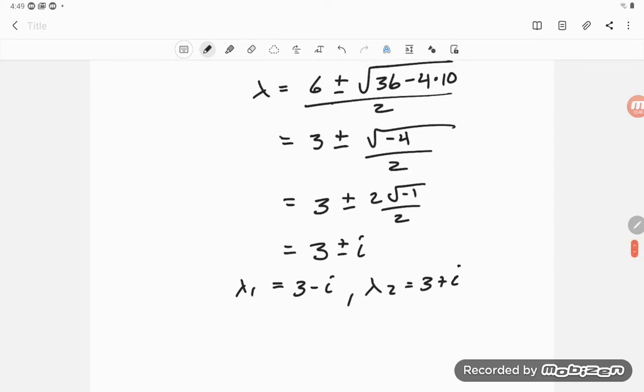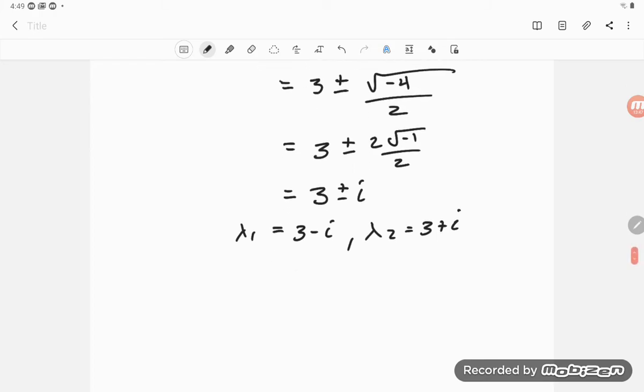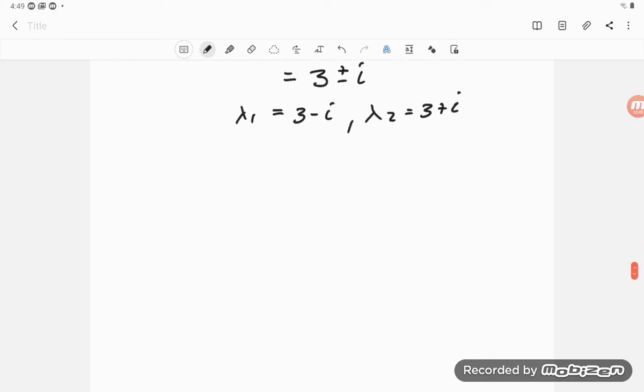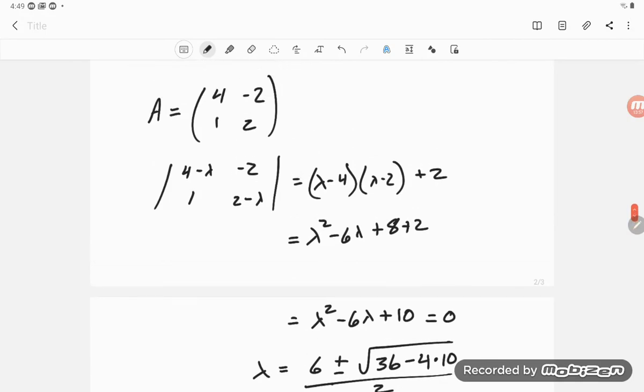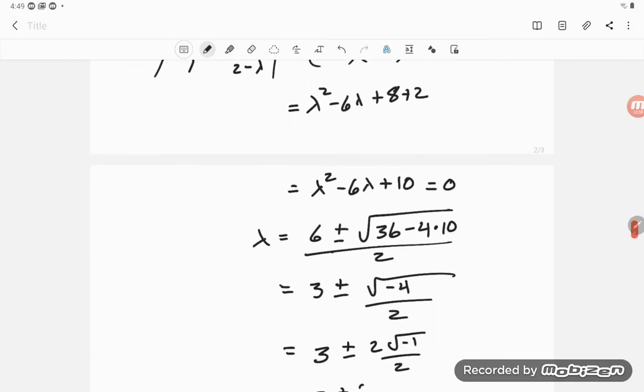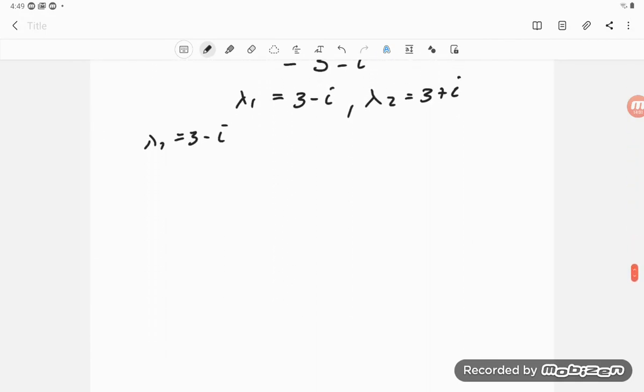So now, though, if I look at those eigenvectors, we'll look at lambda 1 here, equal 3 minus i. Well, our matrix was 4, negative 2, 1, and 2. So I have 4 minus 3 minus i, negative 2, 1, and 2 minus 3 minus i.